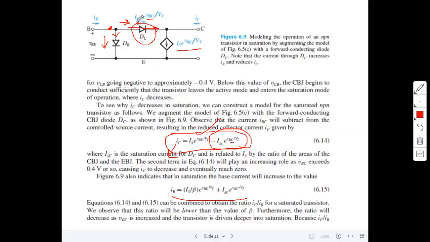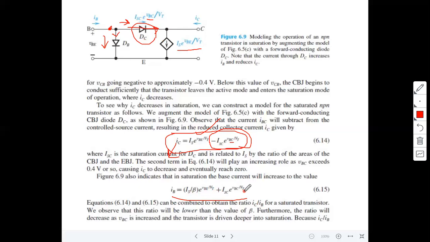How much is this current? Reverse saturation current e power VBC by VT. So the conclusion is that in saturation, net collector current reduces, base current increases.